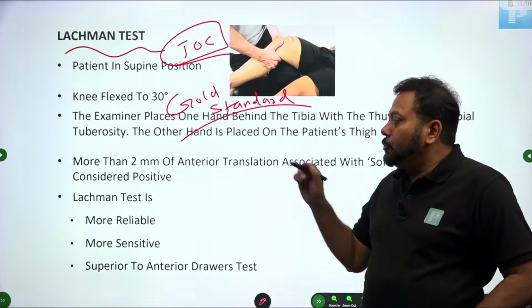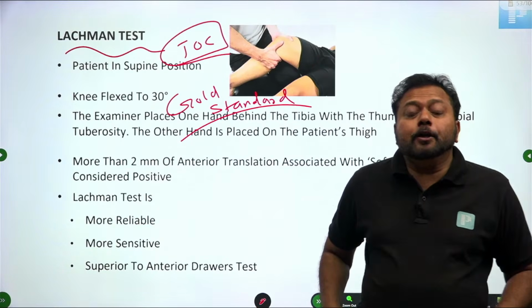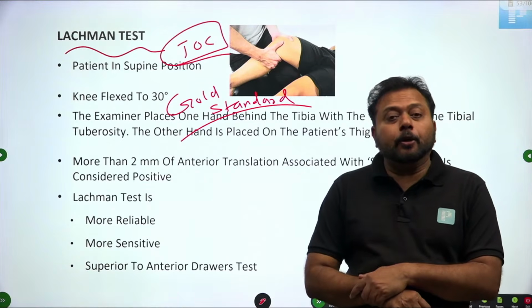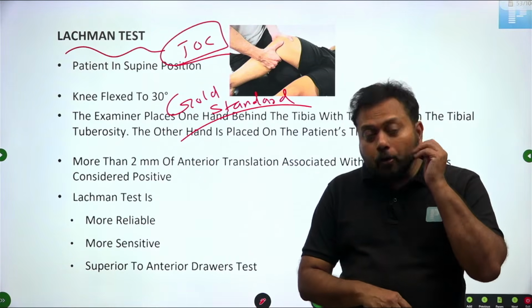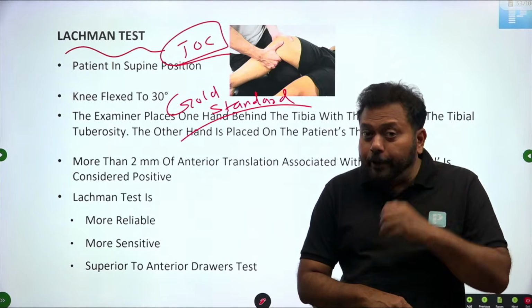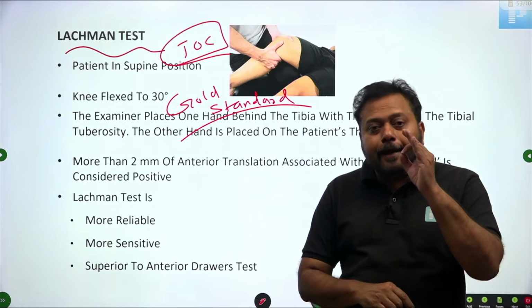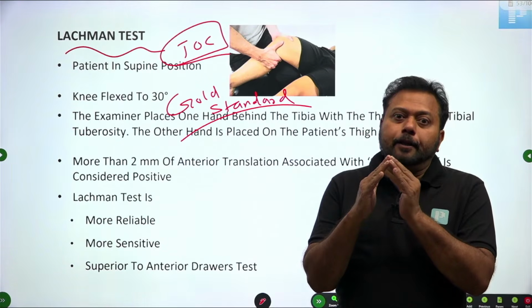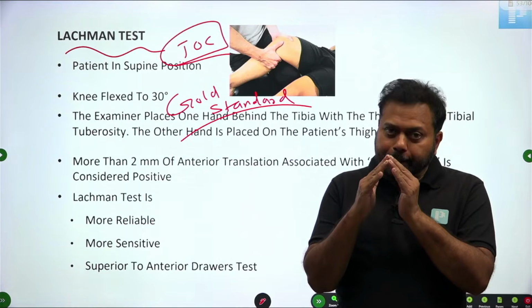So why is Lachman superior to anterior drawer? In anterior drawer, you are flexing the knee joint to 90 degrees.